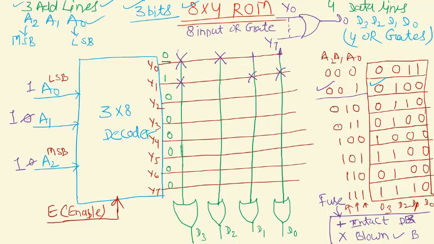So this will be represented like this. I want to break the connection from here so that D0 will be 0, and the rest D1, D2 and D3 will be 1. So this is the basic concept of ROM.